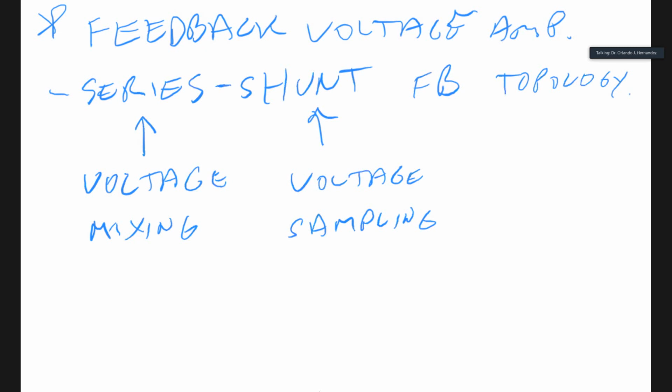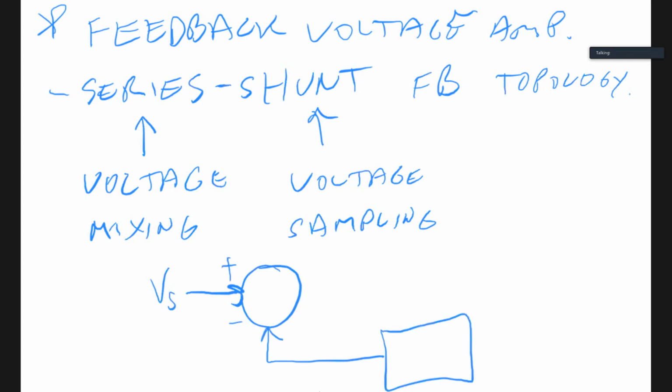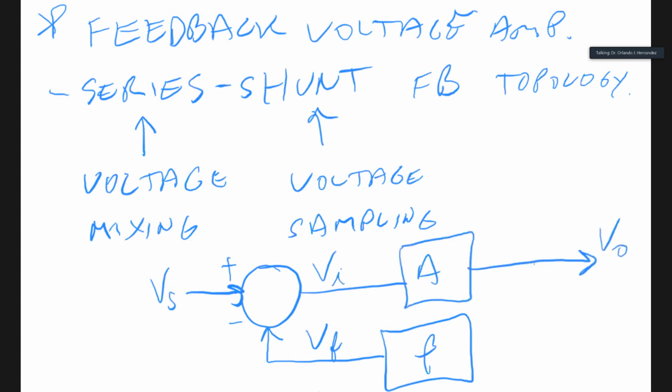So the coupling is, if we go back to the diagram that we had discussed, we have our input to the system, and here we had the feedback signal. This is our beta network, and here we had our error signal into our A and our output.